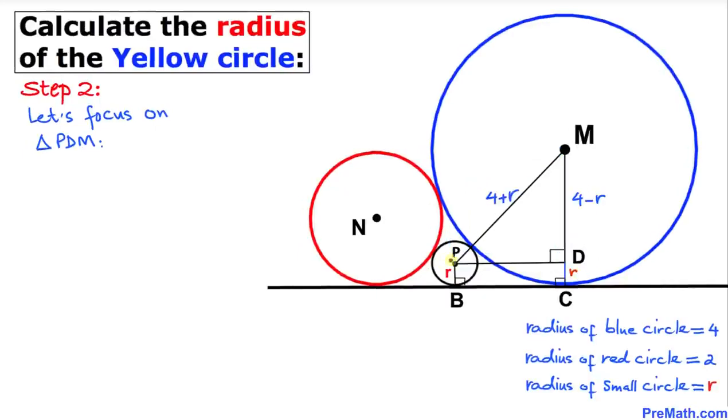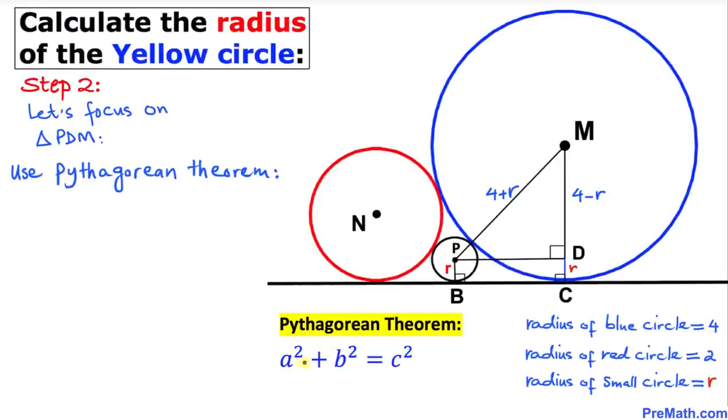All right. And now, since this triangle is a right triangle, we are going to use the Pythagorean theorem. And here's the Pythagorean theorem: a square plus b square equal to c square. In this given right triangle, the longest side is going to be c, this side I'm going to call side a, which we need to find out, and this side I'm going to call side b.